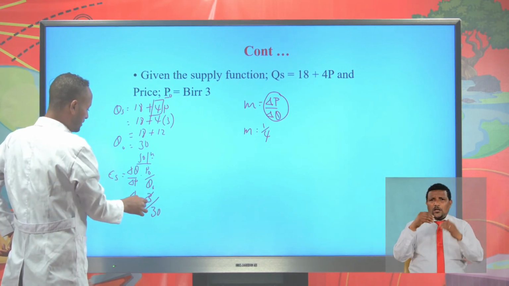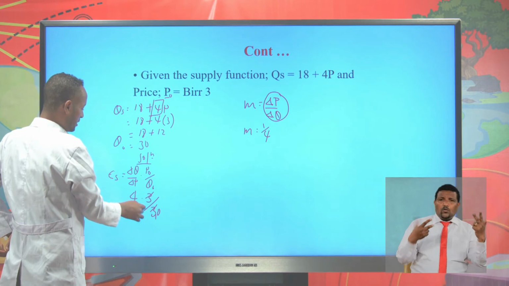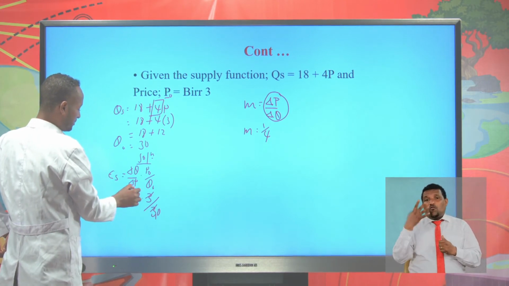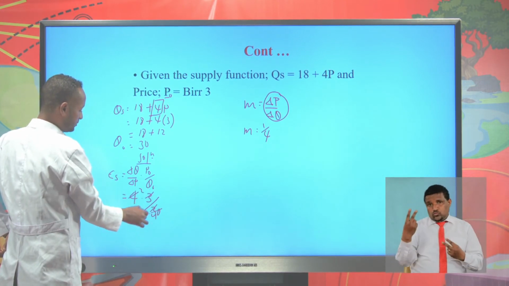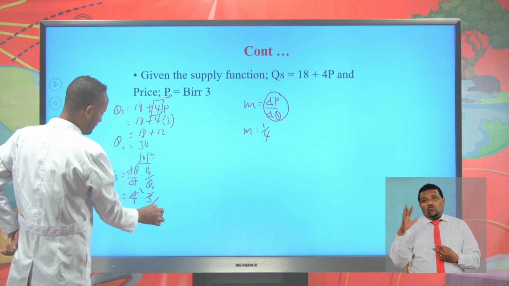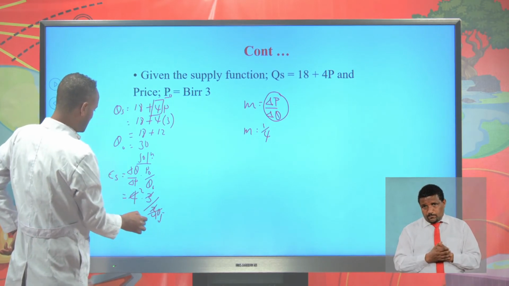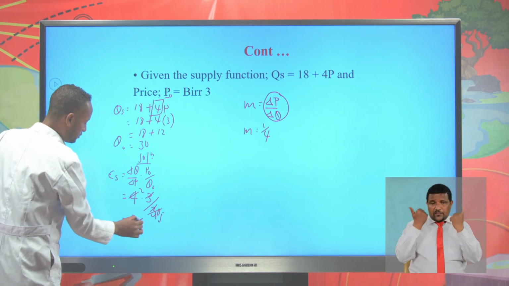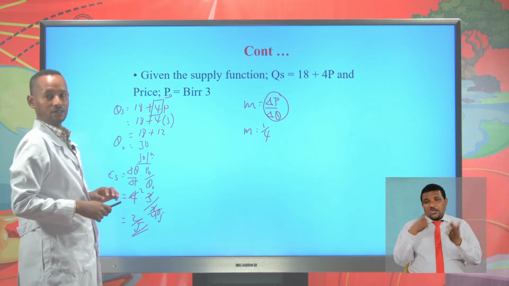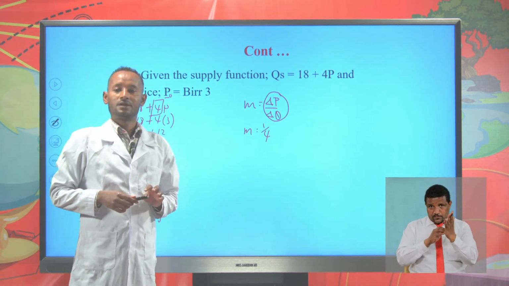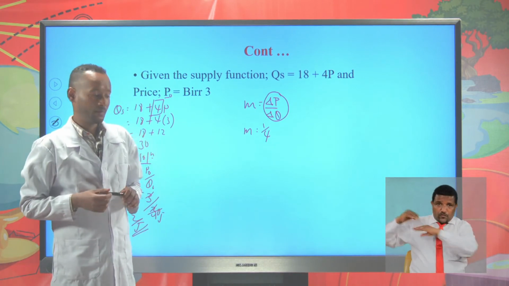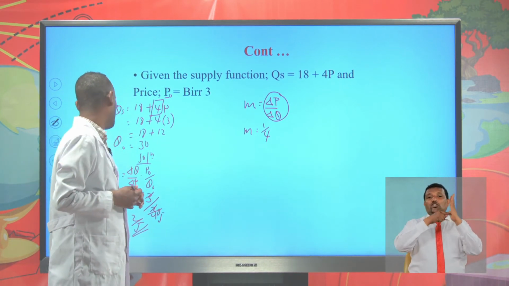When we cancel 3 by 3, we are left with 1, and then 4 by 2, 2 by 2, 5, and we are left with 2 over 5. This is the way of calculating the price elasticity of supply using the point formula.